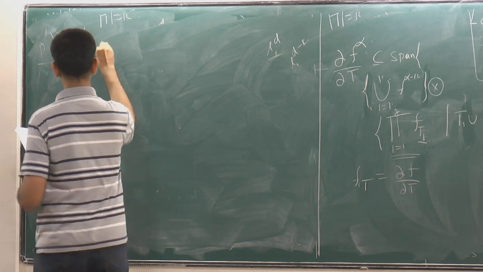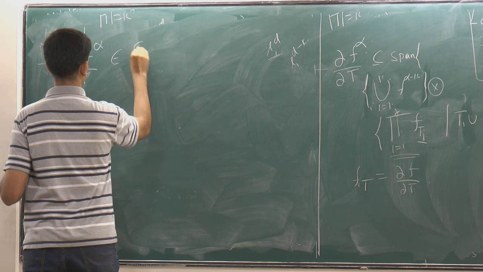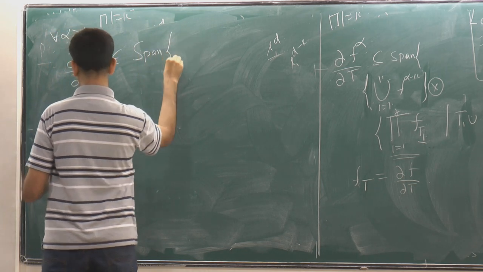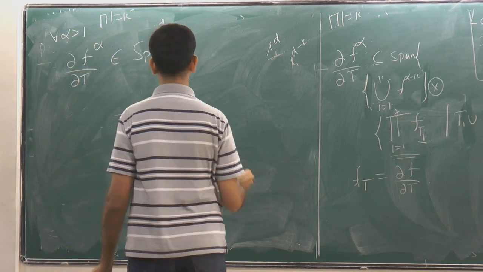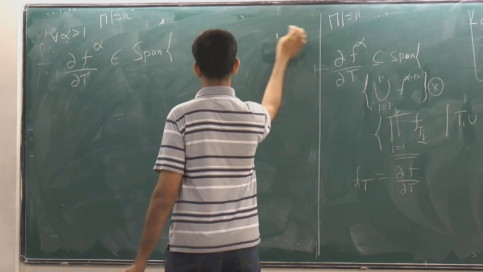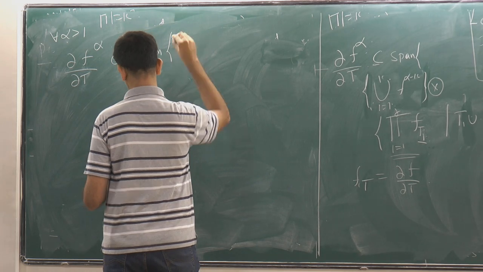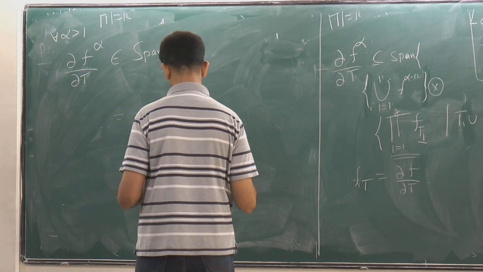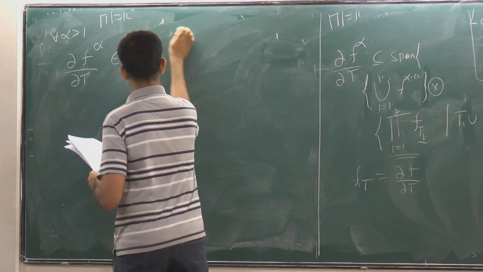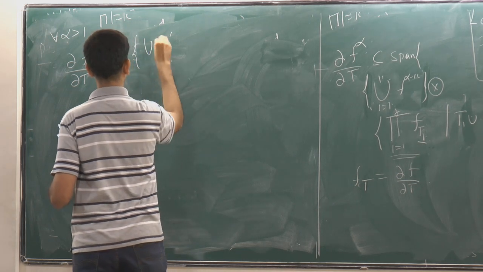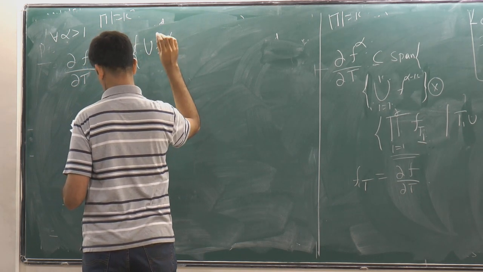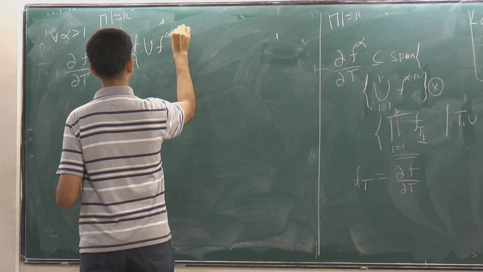f to the alpha as a linear combination of polynomials of the form, union of polynomials f to the alpha minus i.